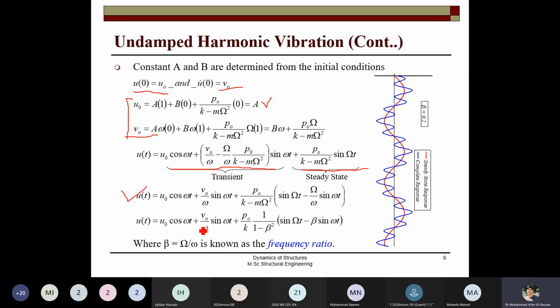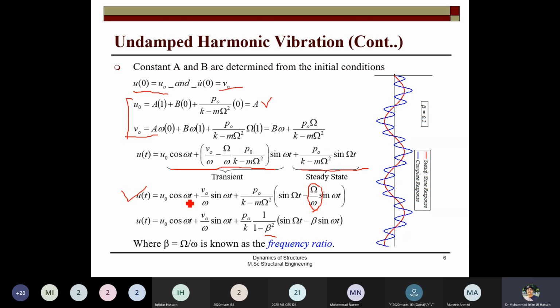The point is, what is this value? The frequency of the machine to the frequency of the system. It is denoted by beta here, and in the book by Mario Paz it is denoted by R, I think.